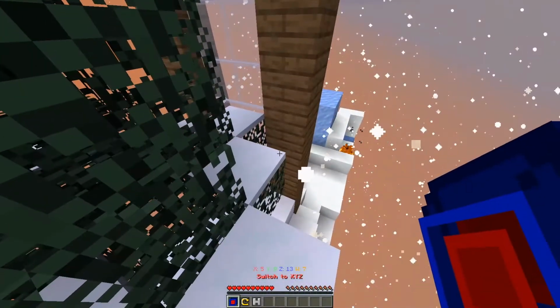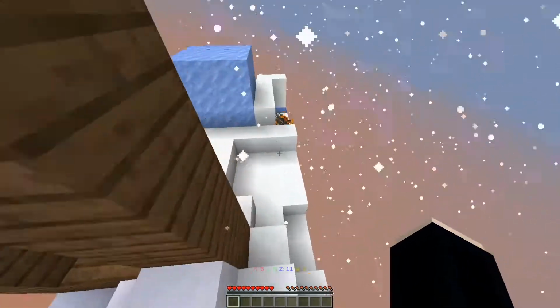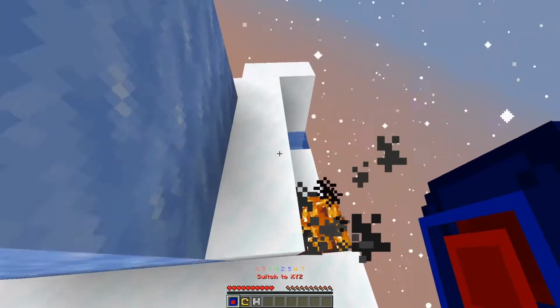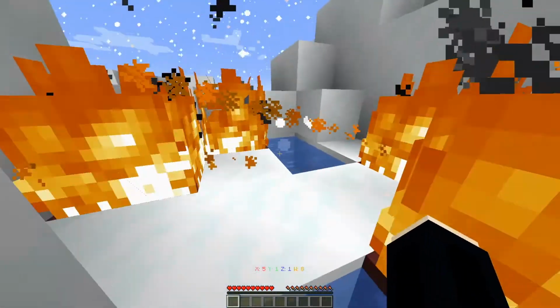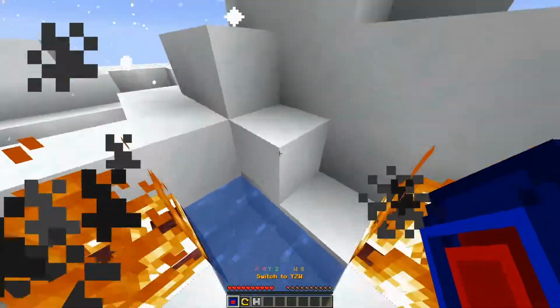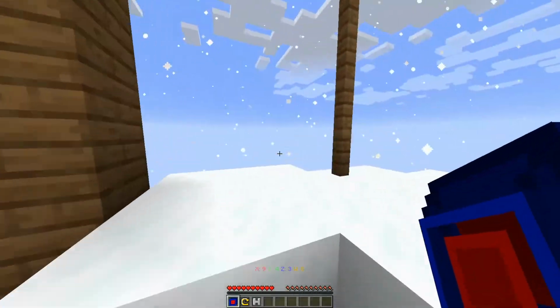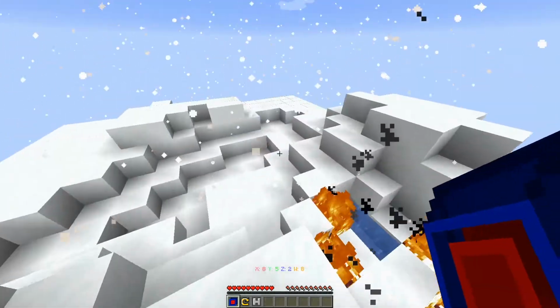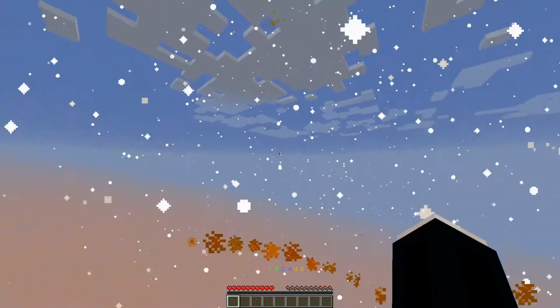So, where's the exit? That's what I need to do. Wait, what? Water? What the heck is water doing here? Whoa, hey. Hey, there's the exit. So it was W8. Good to know. I need to get up there.